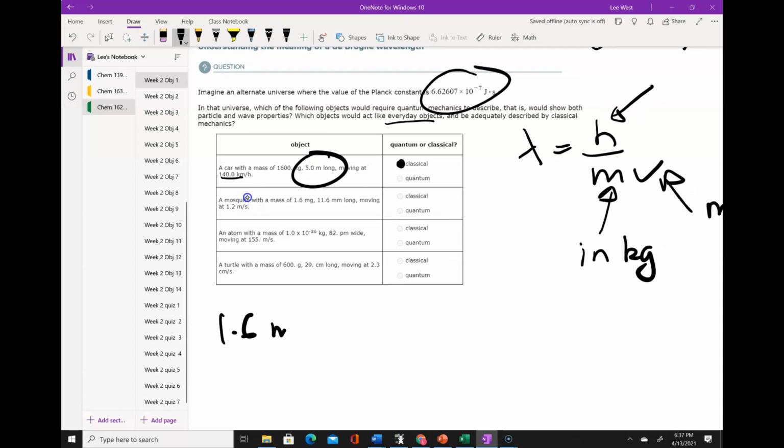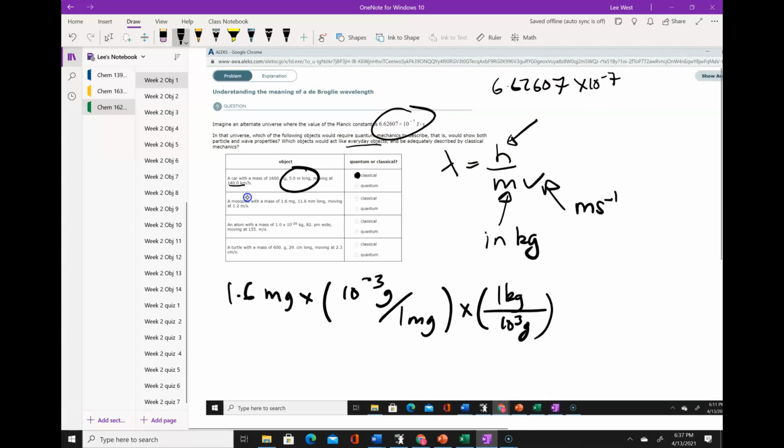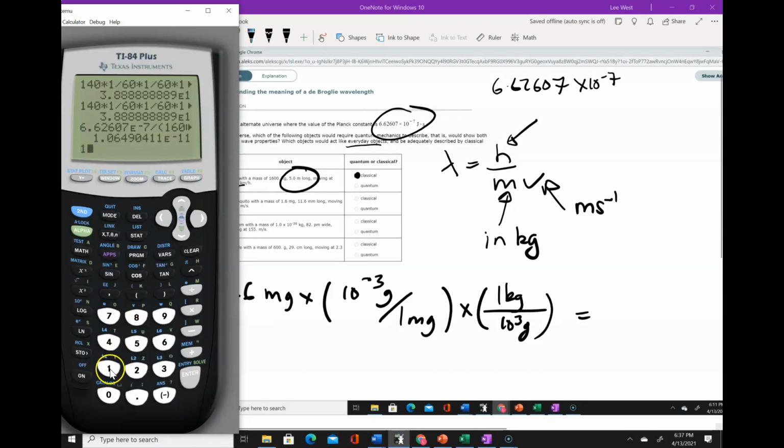So 1.6 milligrams times 10 to the minus 3 grams per 1 milligram times 1 kilogram per 10 to the 3 grams. So here we go. Calculator, 1.6 times 1 by 10 to the minus 3 times 1 divide 1 by 10 to the 3.